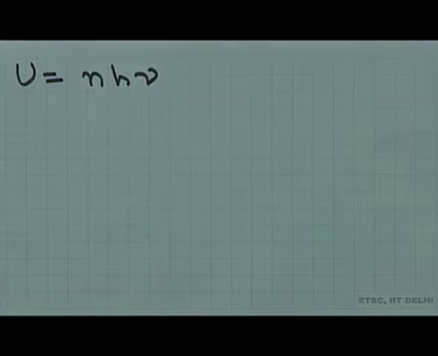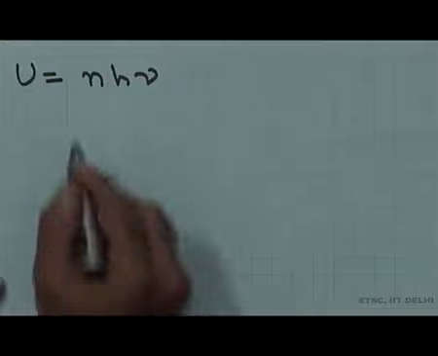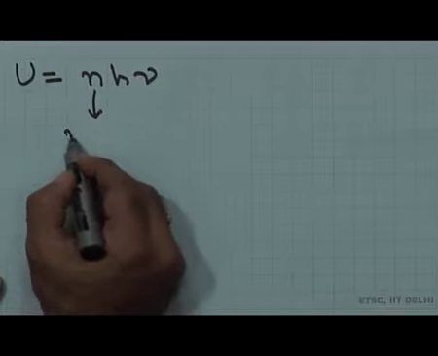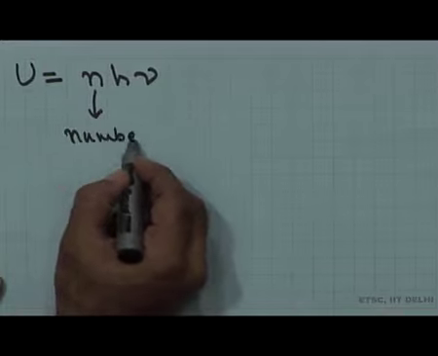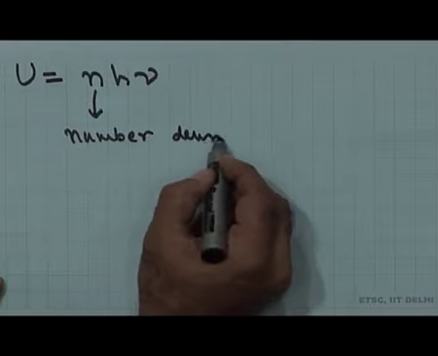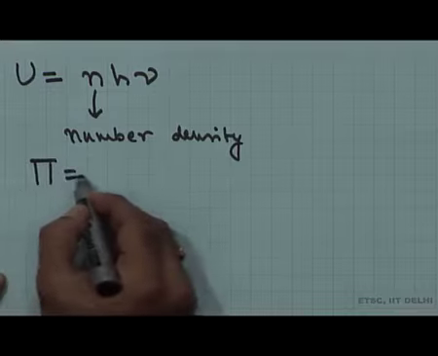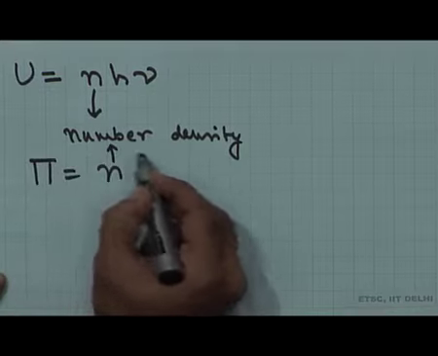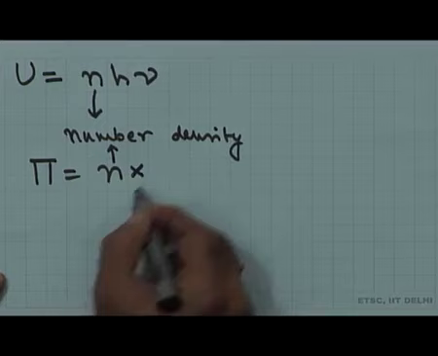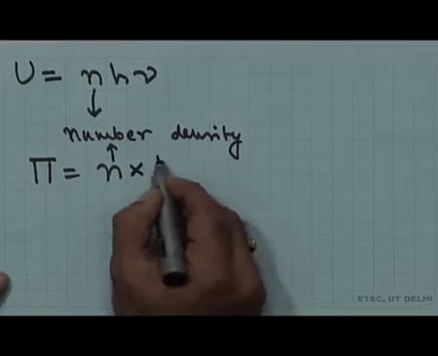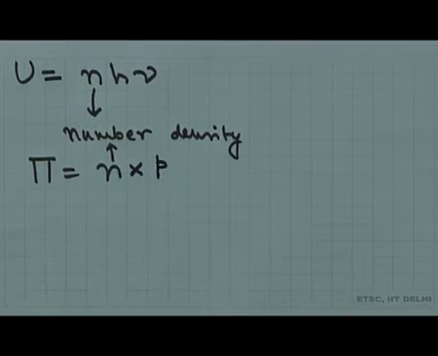I am assuming that the radiation has only one frequency, and this n is my number density. And what is my pi? My pi is the same number density into the momentum carried by each of the photons. That is the most important thing.